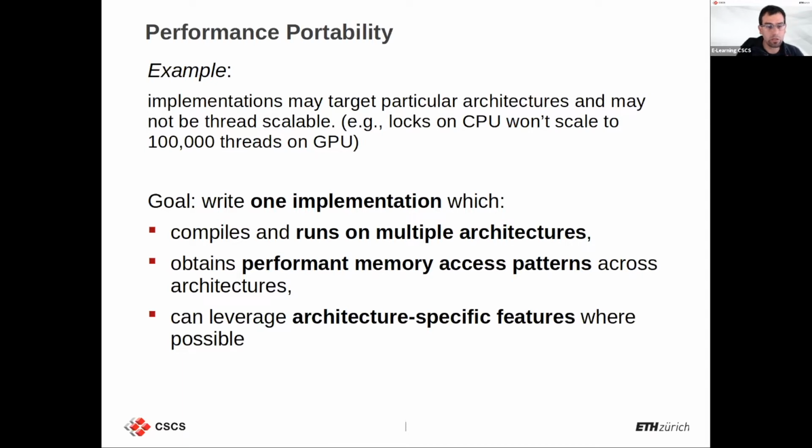If you're using lots of locks on GPUs, it will not scale for sure. So, for example, in Kokkos, there are no locks at all. The idea is to use functionalities that you can use everywhere that can be scalable, and try to match as much as possible the memory access pattern of the architecture that you are going to use.